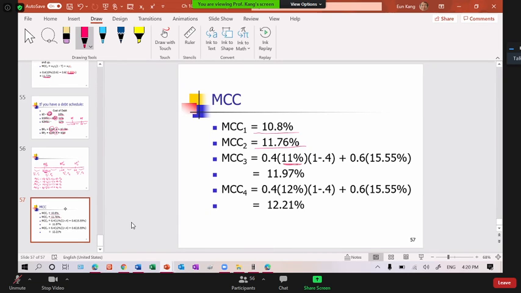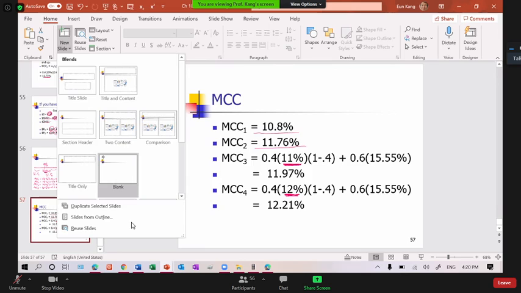Now it's new debt, right? And look at this, new debt. So all you have to do is calculate, plug in the numbers. Then the final question is like this, on a new slide.